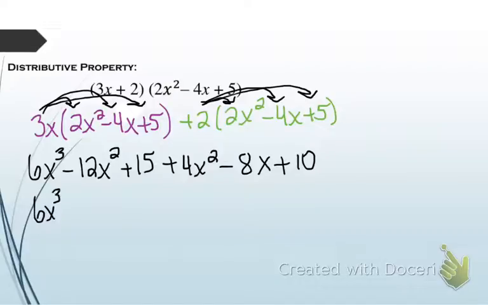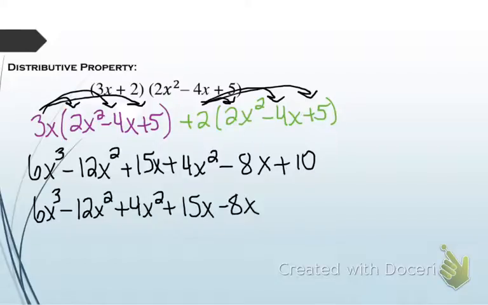Starting off with the highest power, x to the power of 3, x to the power of 2, x to the power of 1. Oh, and I forgot my x right here. Sorry about that. So that is a positive 15x minus 8x, and then the plus 10. Okay.